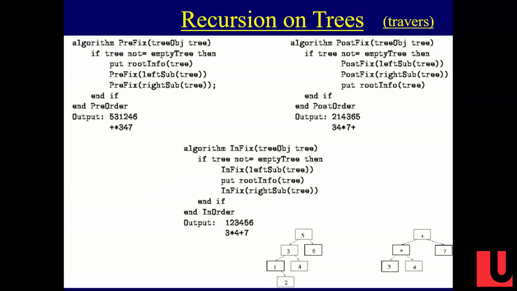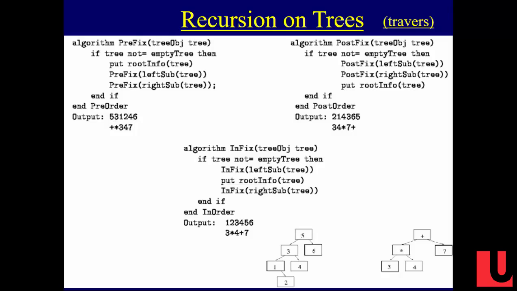Here are our traversals. A couple people have talked about traversals. So if you want to traverse the tree, and every time you get to a node, you want to do something like apply max to it or whatever it is you're wanting to do there, then you need to go through the tree. And the difference between these is when do you do the action?